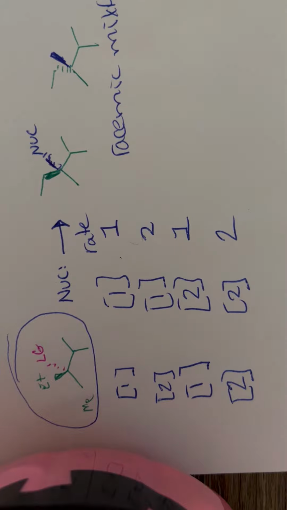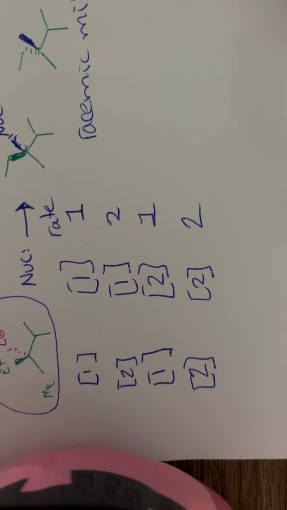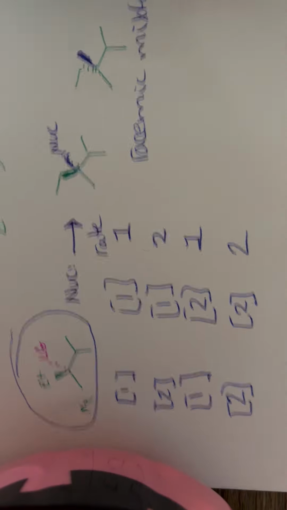So let's quickly go over this mechanism, and then I'm going to put these out for you guys to work on a little bit and just digest the SN1. So what's going on in an SN1 reaction? It cannot be a one-step concerted reaction. If it were that, we would have an enantiomerically pure product.